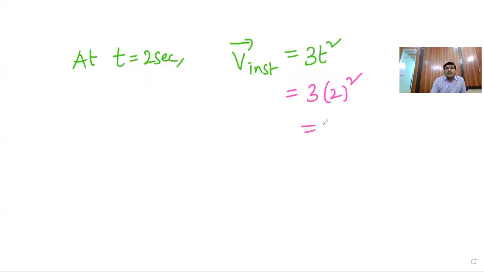So 4 into 3, 12 meters per second. That means instantaneous velocity at t is equal to 1 second is 3 meters per second, and at time t is equal to 2 seconds, 12 meters per second. Is it clear? Right. Let us solve another question.